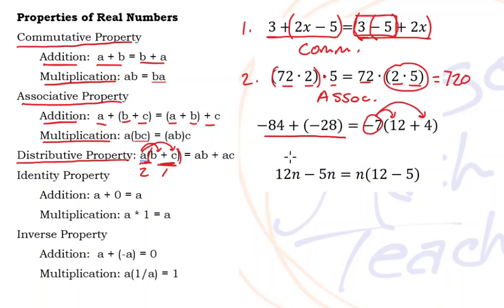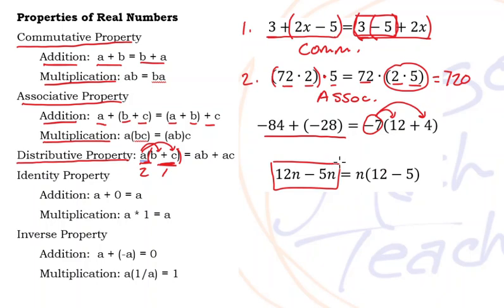But in the next problem, I just want to real quickly demonstrate how the distributive property is most useful in dealing with combining like terms, or adding or subtracting terms that have variables in them. So on the left we have 12n minus 5n, and you probably already know that you're allowed to add those together and you get 17n. But the distributive property tells us why we're allowed to do this.